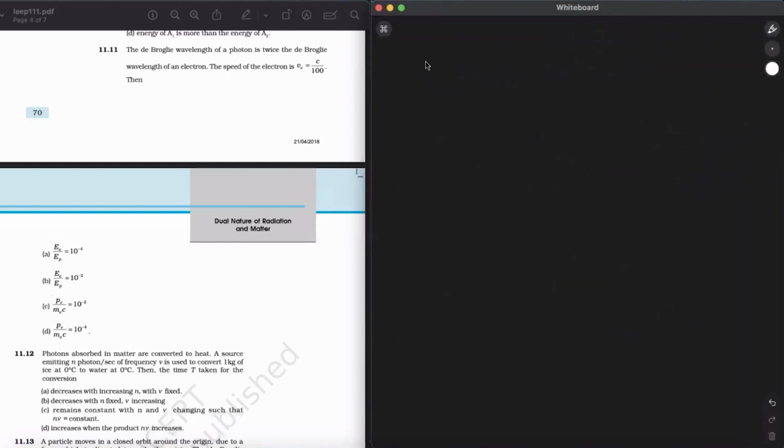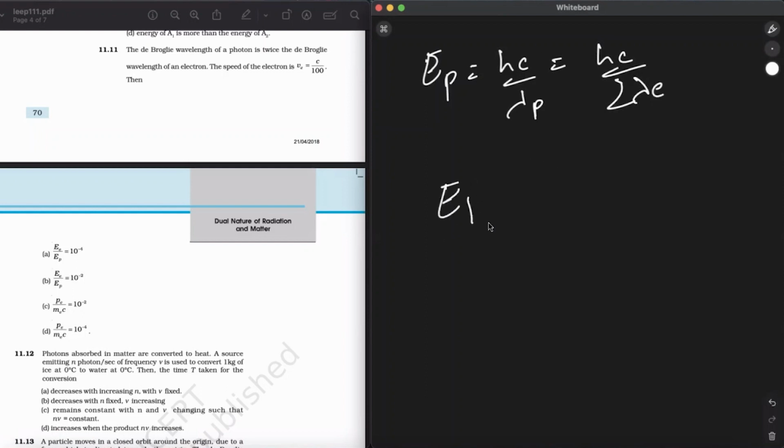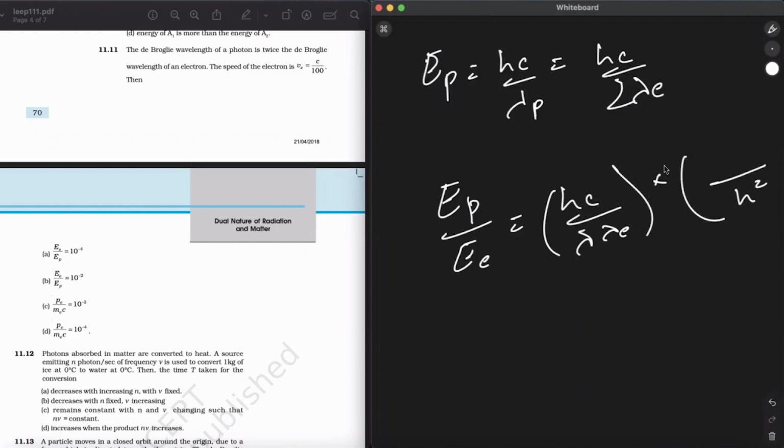E proton is equal to hc upon lambda p, which is hc upon 2 times lambda_e, given in the question. Now E proton upon E electron will be equal to hc upon 2 lambda_e into 2 lambda_e whole square m_e upon h square.